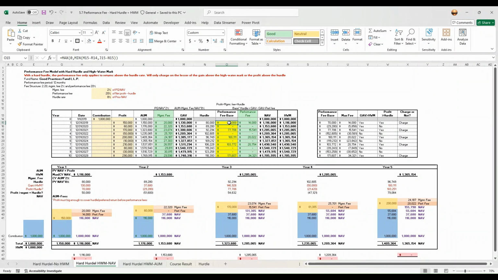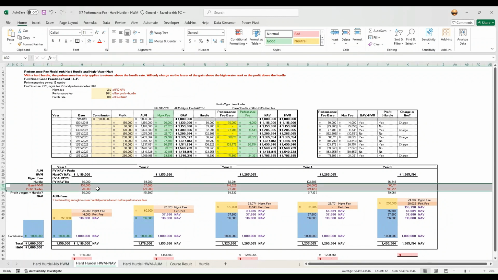The formula changed because now for the hurdle rate model, we will need to compare the gain versus high watermark and the profit versus the hurdle. So I have highlighted these two little rows here. Now let's go through the detail of this.